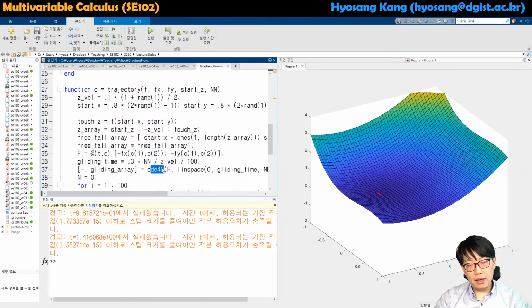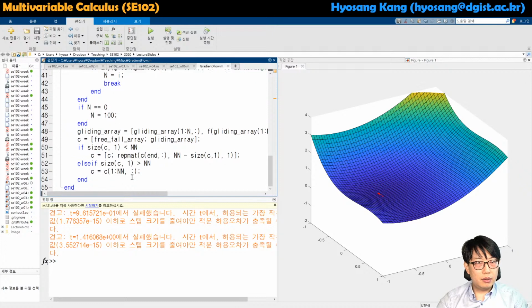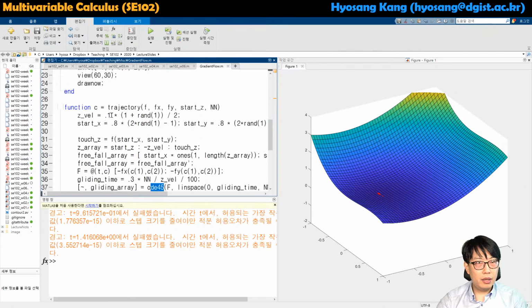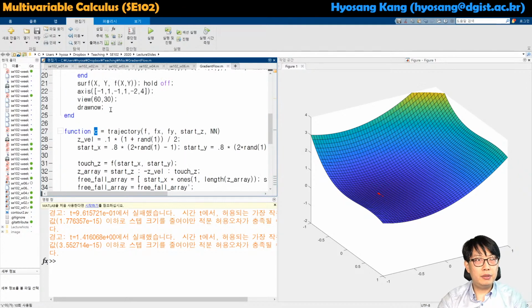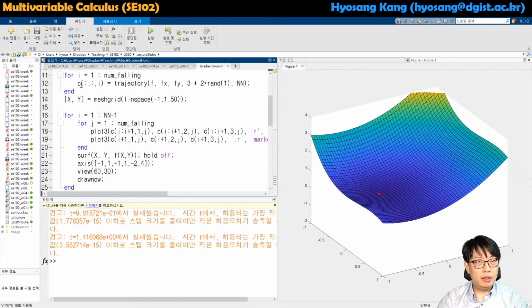So it gives coordinates of the trajectory according to the time. So that was returned as a combined array into C, and then what I did is just plotting this C every time.